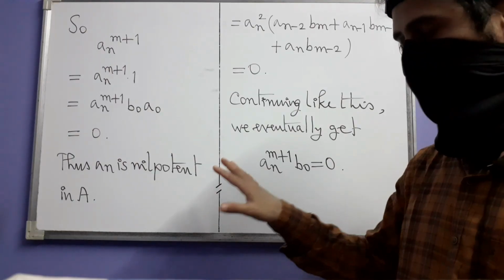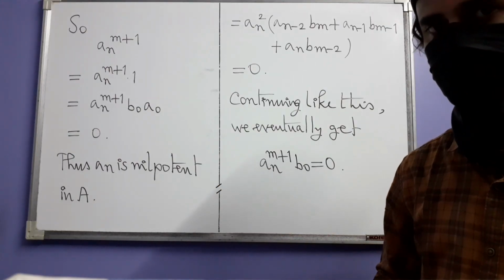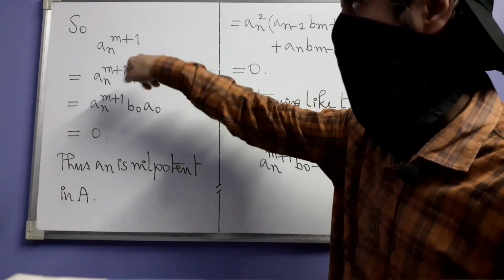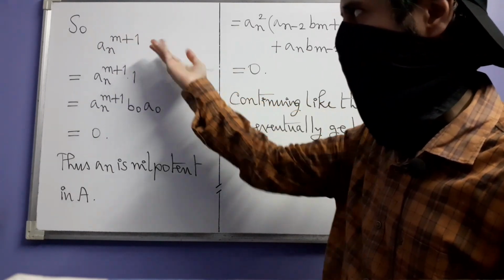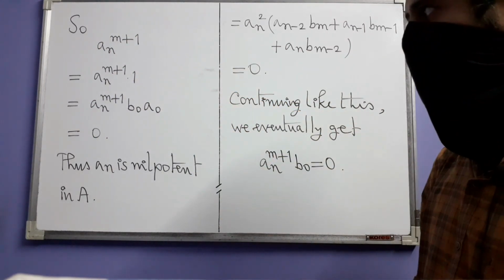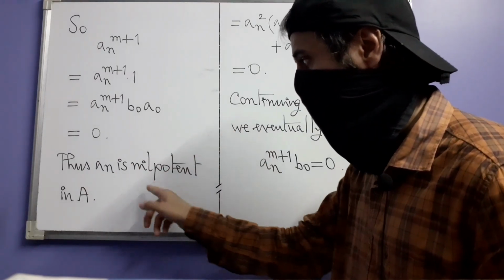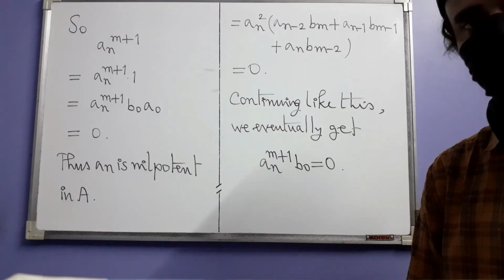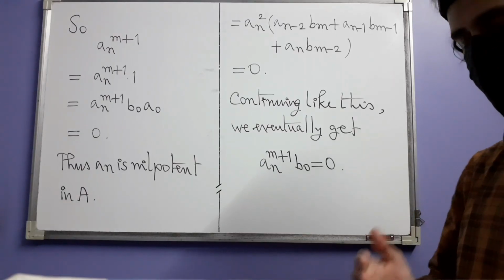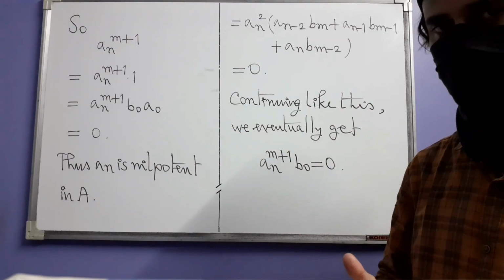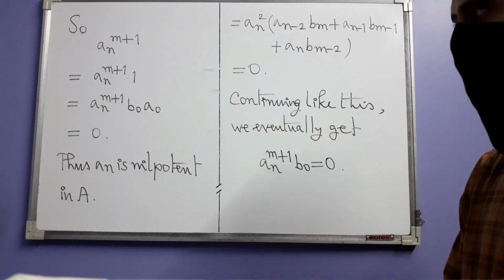Now we are finally somewhere that is useful to us. We have proved that a power of a_n, where of course m plus 1 is a positive integer, is equal to 0. So a_n is a nilpotent element in A. We have proved at least that the leading coefficient of our polynomial f, which is a_n, is nilpotent.